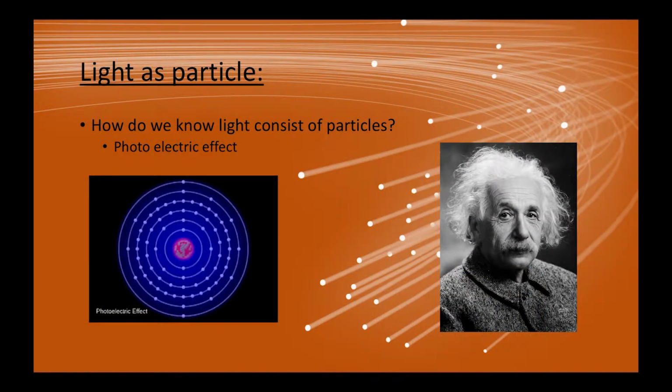Well, then, how did scientists come up with the idea that light is a particle? Well, we all know who that is. I'm assuming you do. Einstein was the person who came up with the idea that light can be a particle, and that can be supported by the photoelectric effect.